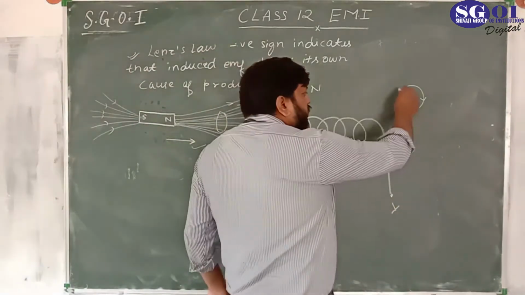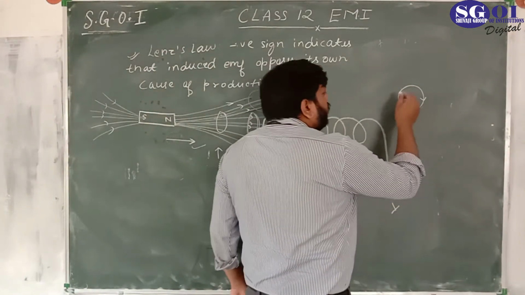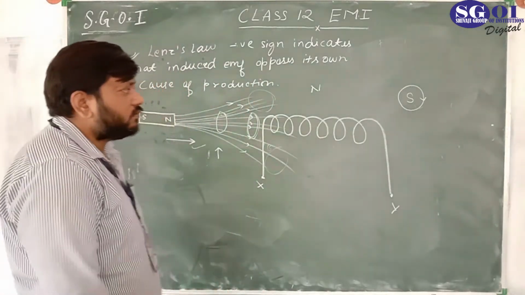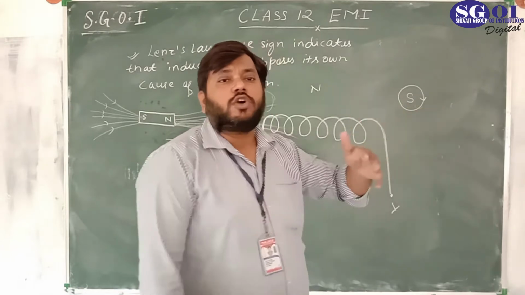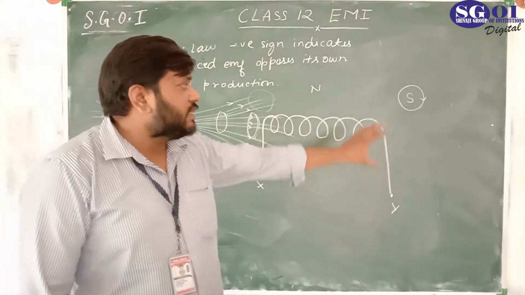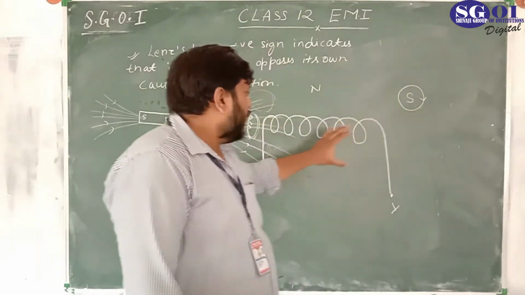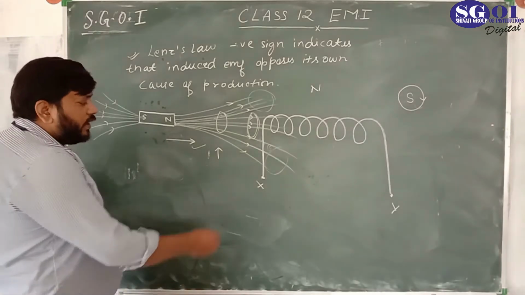So if the current is flowing clockwise, I have told you that this face would be south, and the face behind this would be north. So this concept you have to clear in your mind, and now we are going to apply this concept very easily here to find the polarity also.